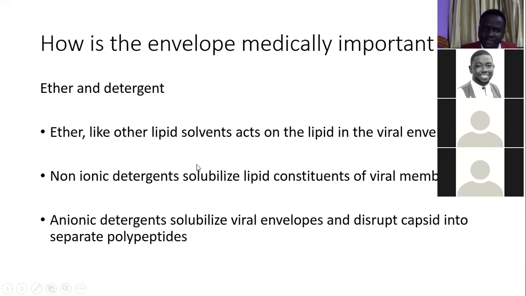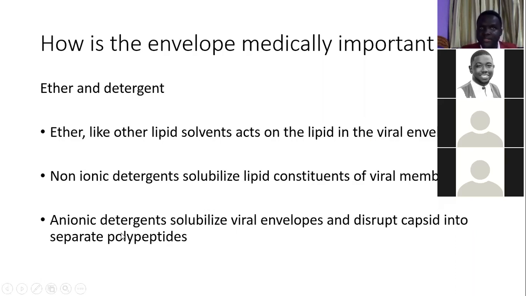The detergent will have an effect on the phospholipids present in the cell membranes, the membranes that were derived from the host cell. It will cause it to solubilize, that is, it becomes soluble, and it also has an effect on the capsid.